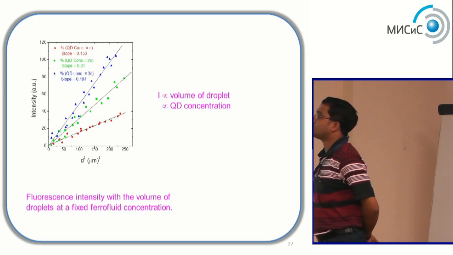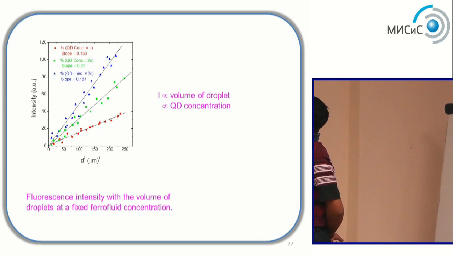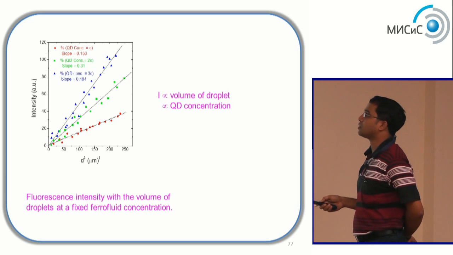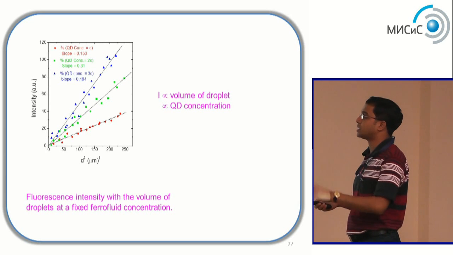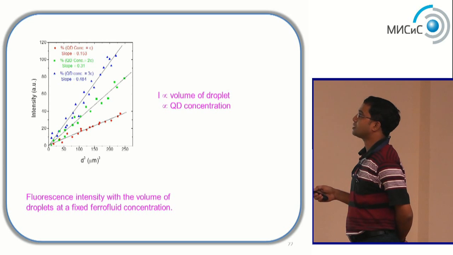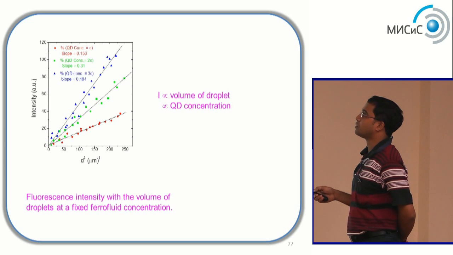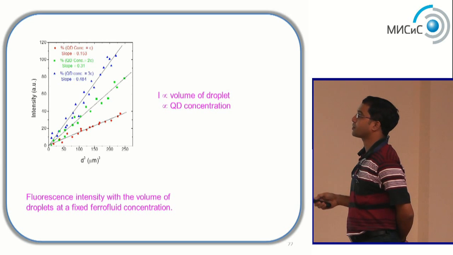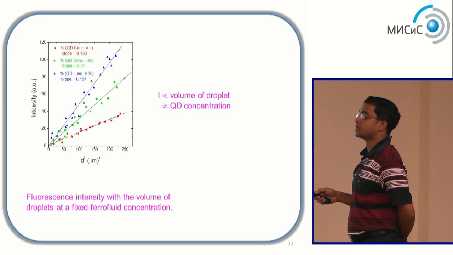As you see, we measured the fluorescence intensity of quantum dots in the ferrofluid material. Let us consider the first green line, with quantum dot concentration C. The slope is 0.153.